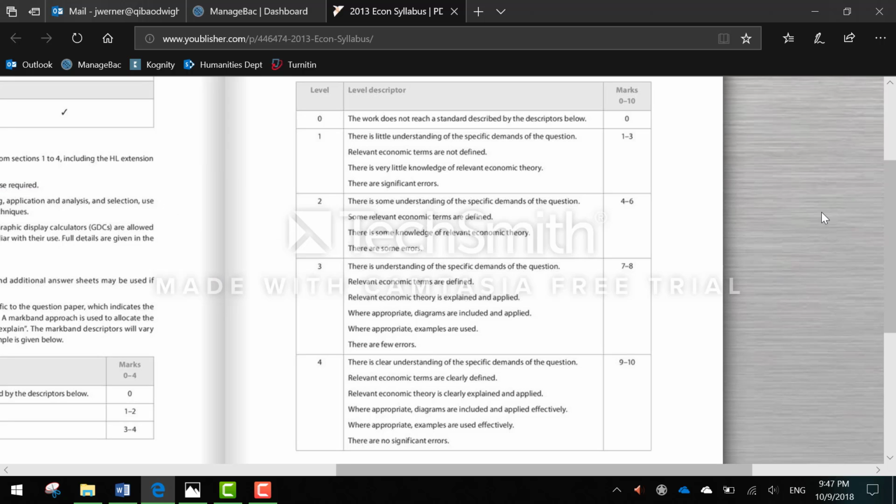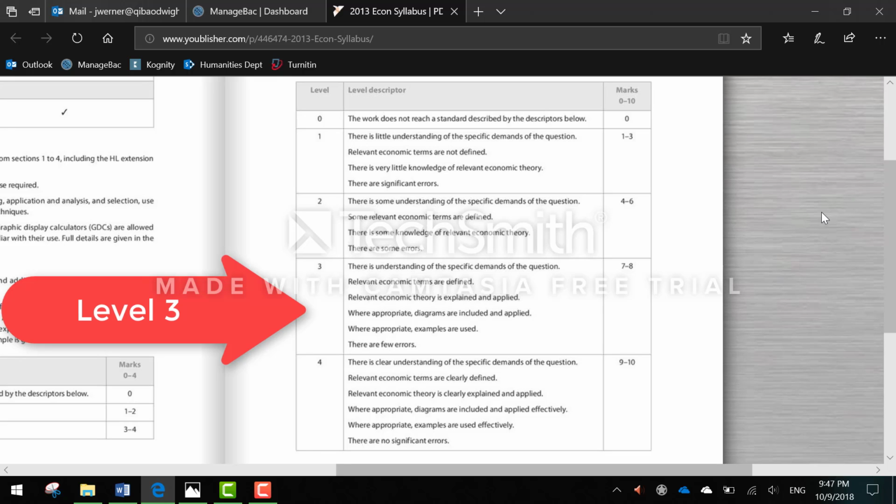In fact, in order to get to level 3, it has to be appropriate diagrams that are clearly and well marked and labeled. And a lot of times a title can help you there as well. And also, examples need to be there.